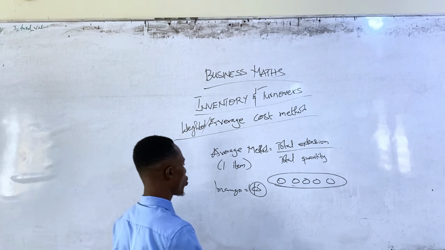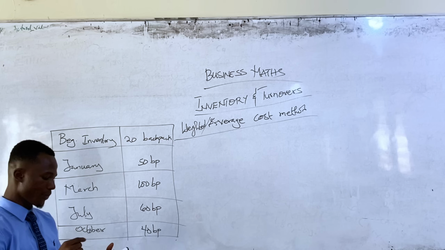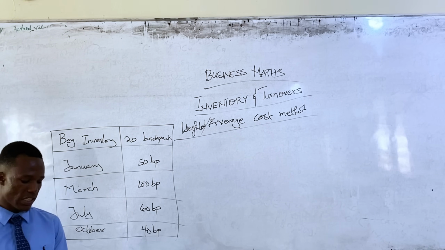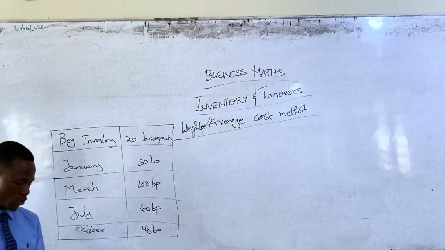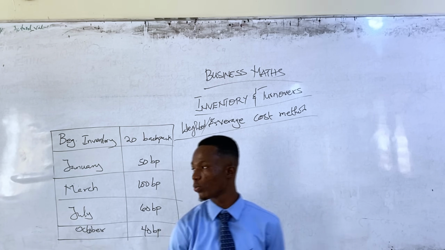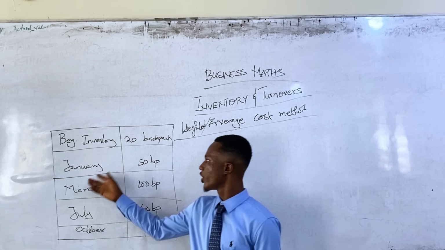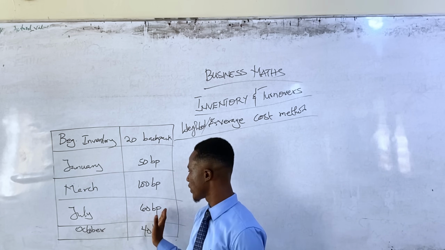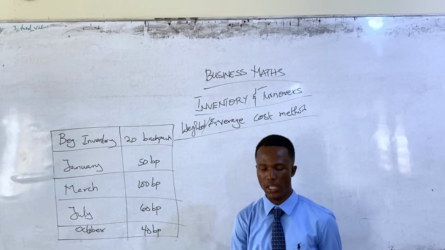Let's take a table and look at how Big Malam Sports and Leisure made the following purchases of the EEF backpack during the year. So we have what? The beginning inventory to be 20 backpacks, January to be 50 backpacks, March to be 100 backpacks, July to be 60 backpacks, and October to be 40 backpacks.